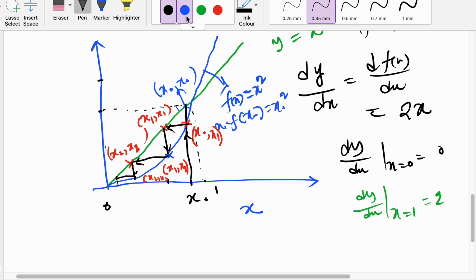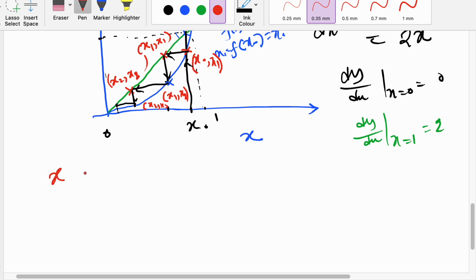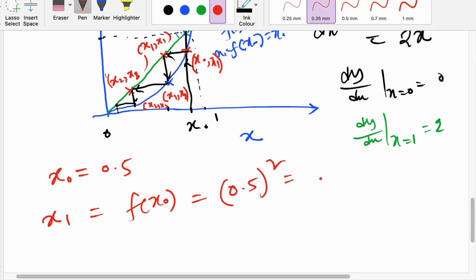Now let's check numerically. Let's suppose x is less than 1, suppose x0 equal to 0.5. So what will be my x1? x1 will be f of x0, that means 0.5 square, that is 0.25. Yes, it is decreasing.